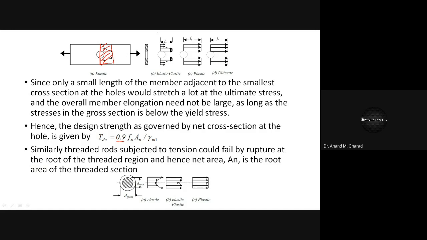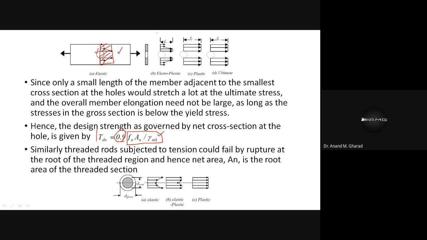If this value was 1, then this formulation would be like this, and actually this formulation is nothing but the rupture capacity of the solid plate. This 0.9 is actually based on the bolt hole which is present over there.